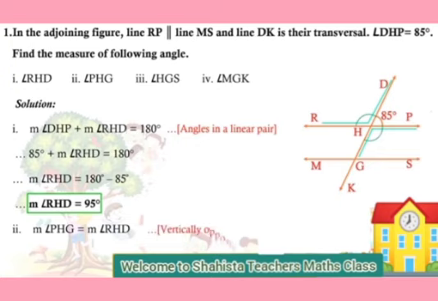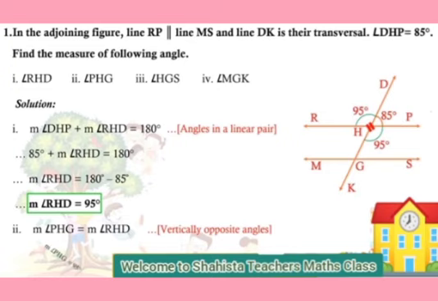Here we will put vertically opposite angles because they are equal. So here we will write, see this, they both are equal angles. So if angle RHD is equal to 95 degrees, that means angle PHG is equal to 95 degrees. They both are equal. Here on this figure you can see this equal sign.